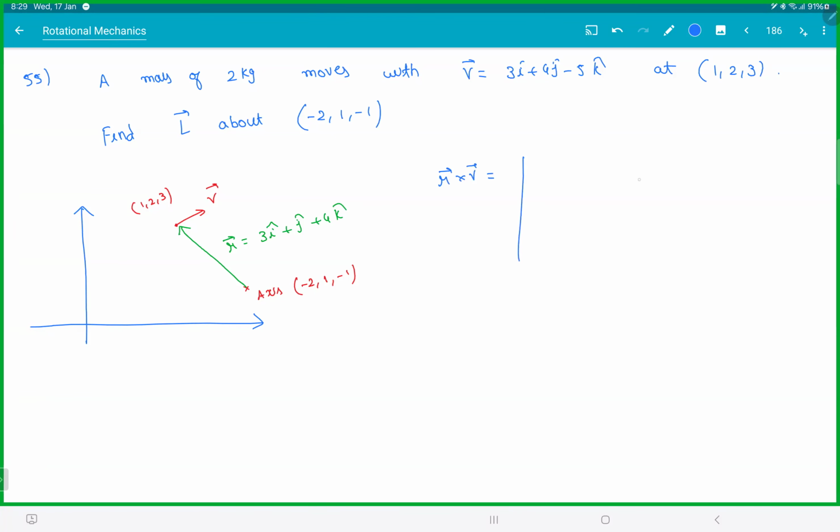Mass we multiply in the end. Then 3 by 3 determinant. This r bar first: 3, 1, 4, then 3, 4, minus 5. So this would be i into minus 5, minus 16, minus 21.